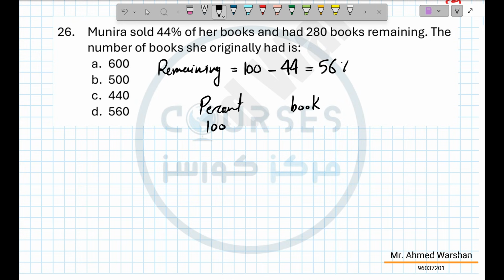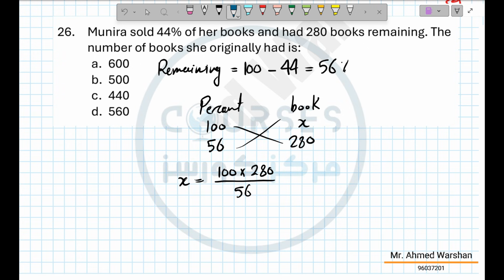And now we can do comparison between percents and the books. The original 100%, actually that's what we're looking for, so that's X. And our 56%, they are the 280 books. Cross multiply, so X equals the two numbers together divided by the number with X. 100 times 280 divided by 56. There is something interesting between the 28 and the 56.